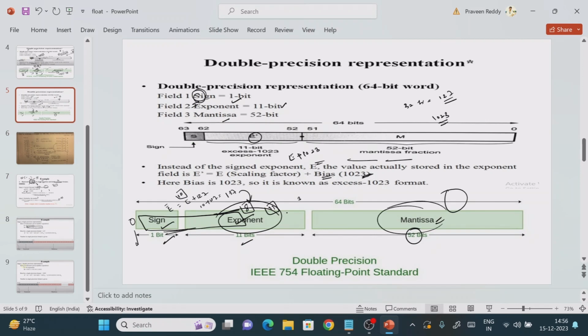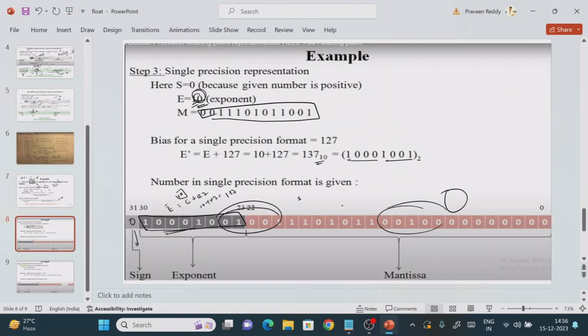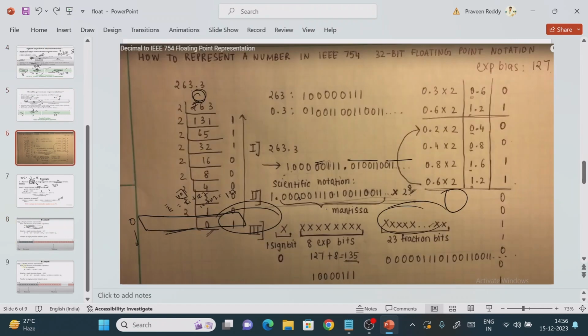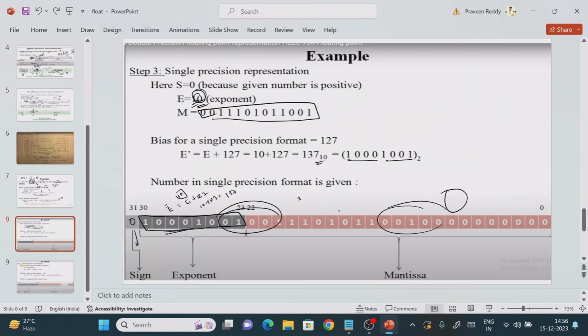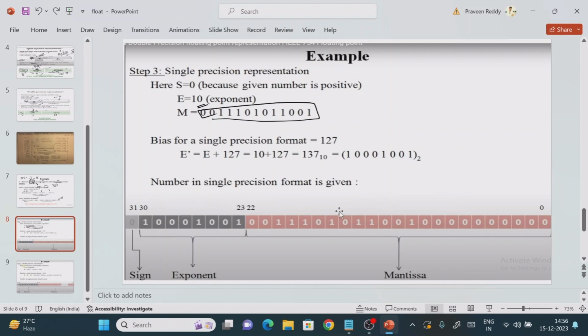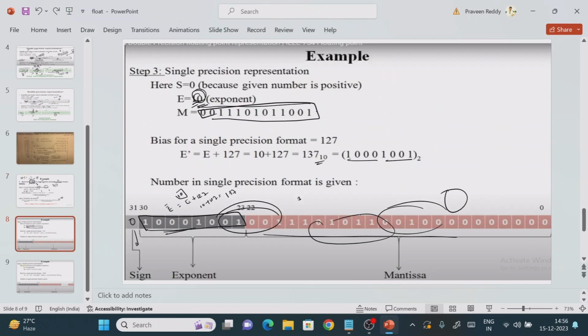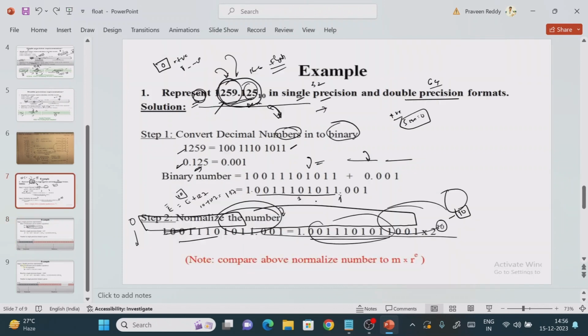Now we need to write the remaining value. The remaining length is nothing but the mantissa. After converting, this is the mantissa value we got. We just copy this value, 0 0 1 1 1 0 1 0 1 0 1 1 1 0, up to this one, because it is a 23 bit representation.